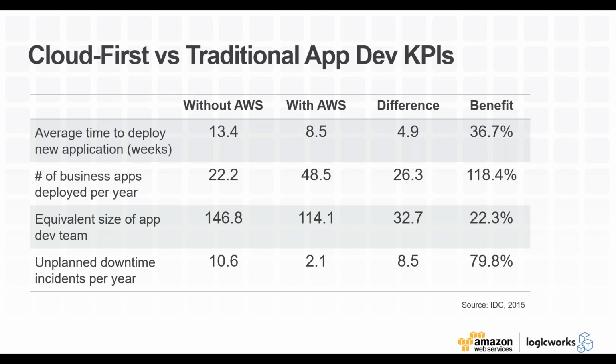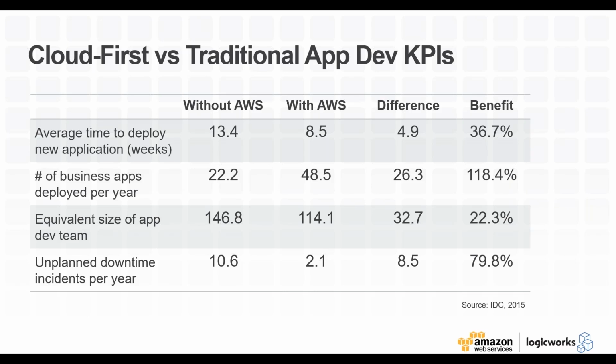So when we compare what it's like to develop applications in a cloud-native, cloud-first approach leveraging AWS versus traditional application development, this is a survey that was done a while ago, but you can see the average time to deploy new applications is 36% faster using AWS. And the number of business apps deployed per year is almost 120% more.